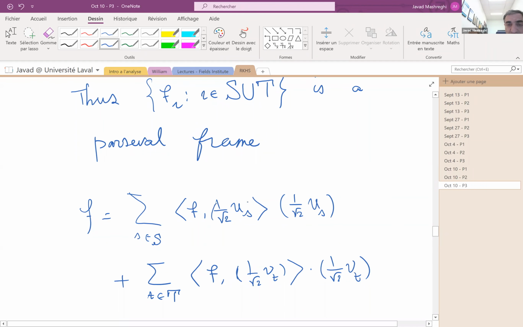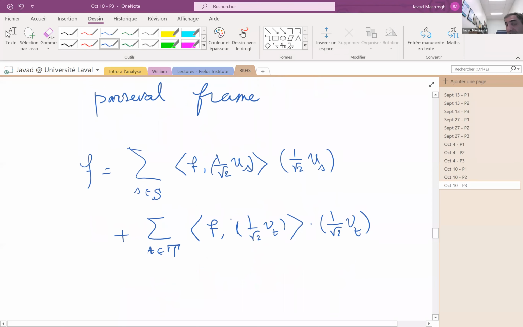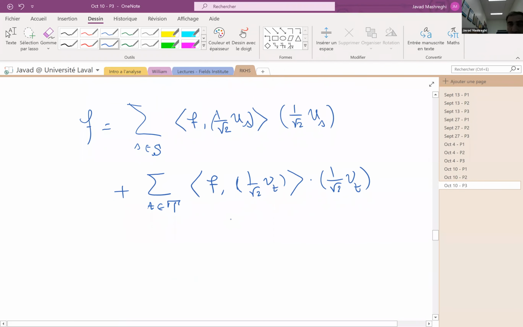Can leave it as it is. That's a representation with respect to our elements.